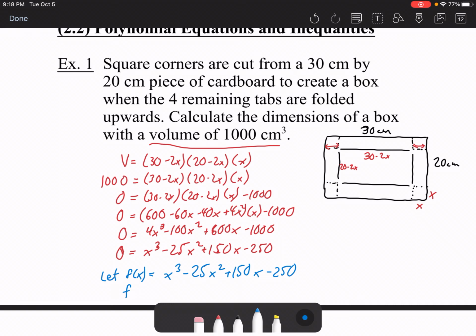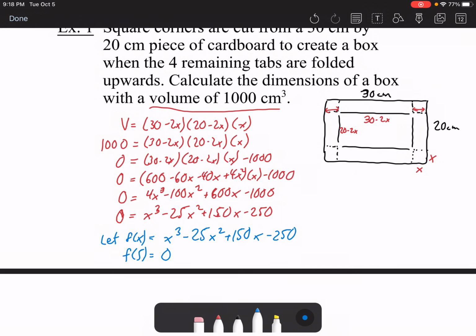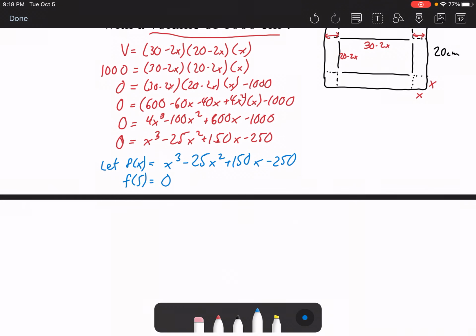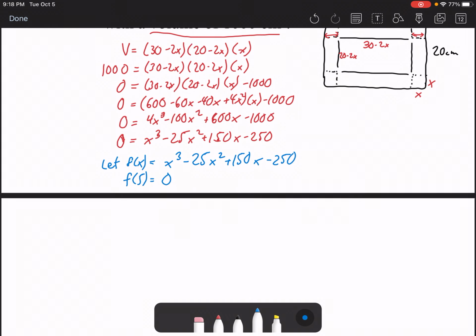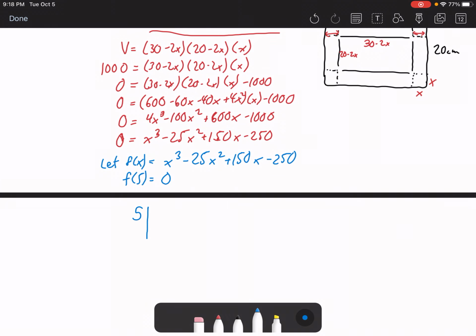Notice if you substitute the value 5 in, it gives you a 0. So that's what I'm going to do. I am going to synthetically divide 5 into this expression so I can find my other factors. Again, review your synthetic division skills if you've forgotten how to do this.